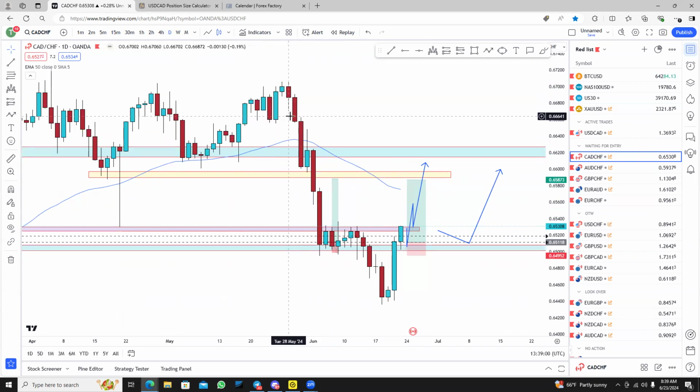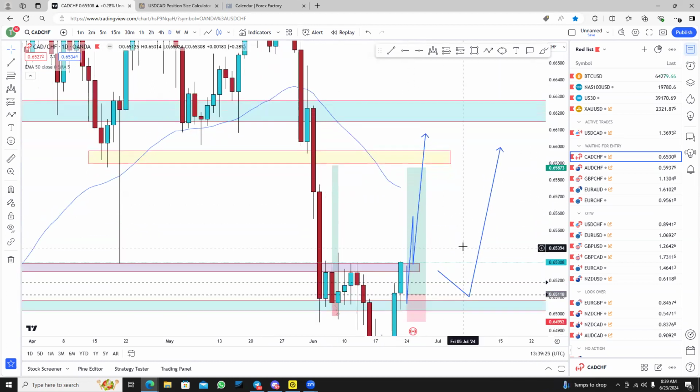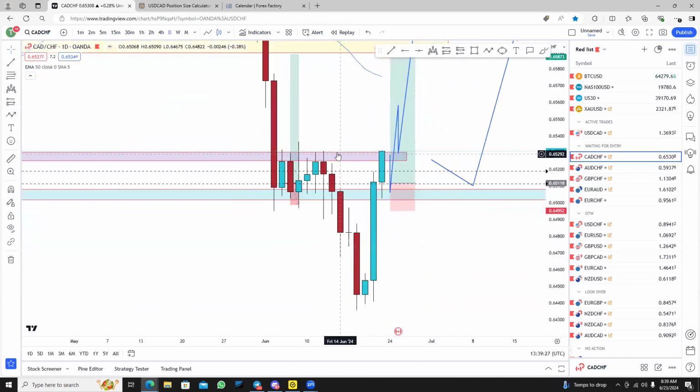See how it broke? Continue down, lower low, lower high. Boom. Lower low, lower high. Then we have this bullish engulfing right here, making the daily bullish.